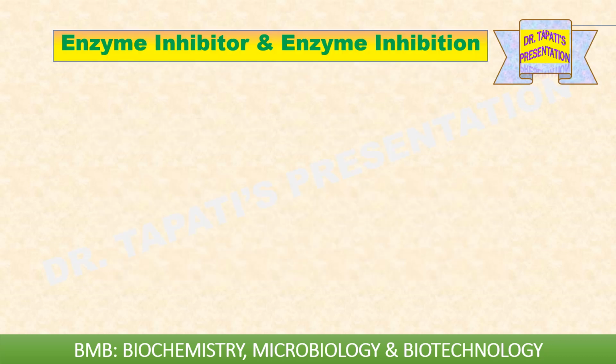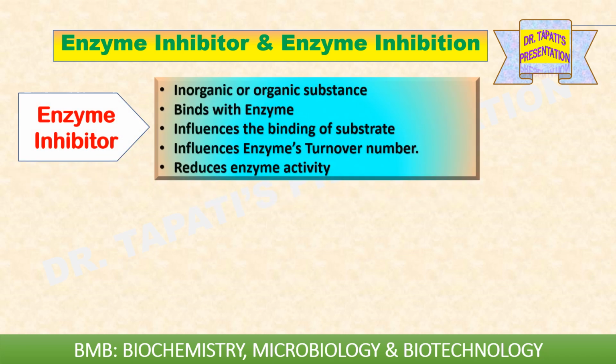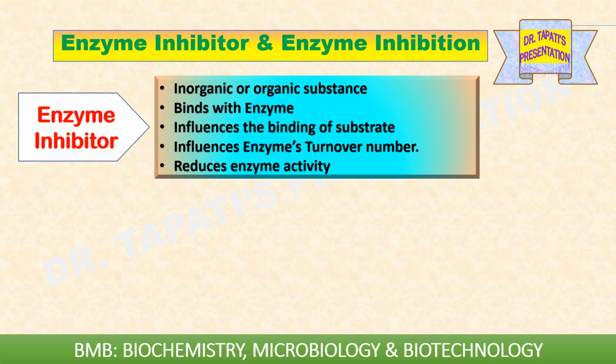First of all, know what is enzyme inhibitor and what is enzyme inhibition. Various organic and inorganic substances alter the enzyme activity by binding with it in a way that influences the binding of substrate or enzyme's turnover number.